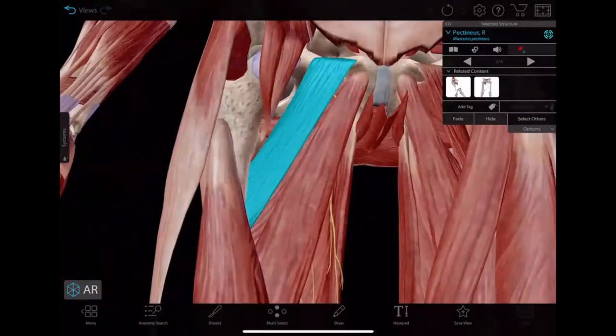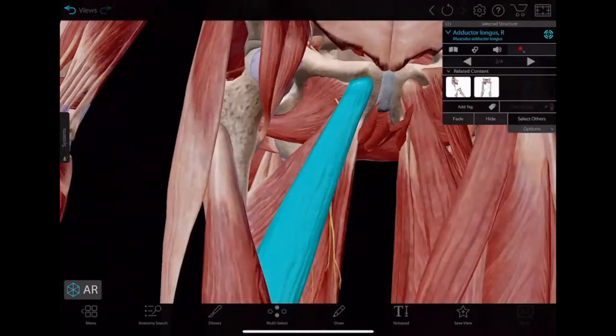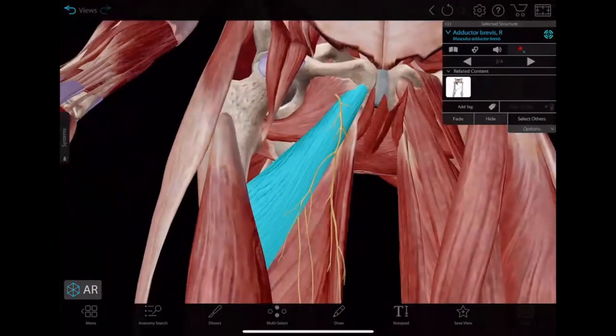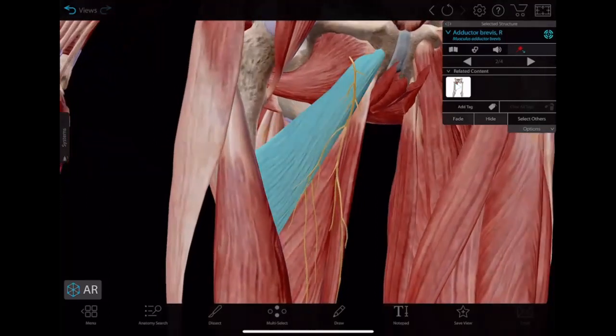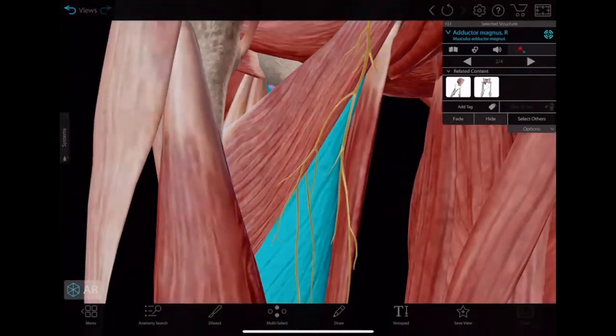You see the selected structure is pectineus. Let's remove it. That one is adductor longus. Selected muscle is adductor longus. Let's remove that. So that is adductor brevis. The anterior branch of the obturator nerve is in front of adductor brevis. The selected one is adductor magnus.